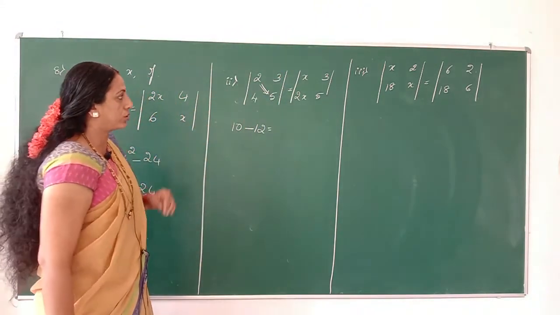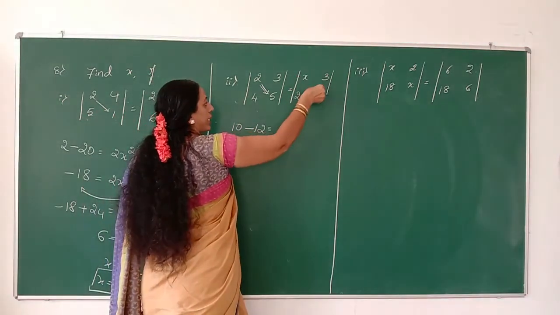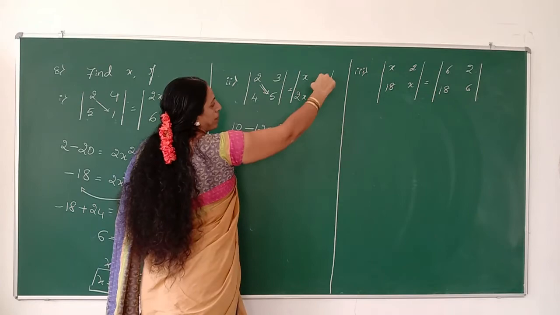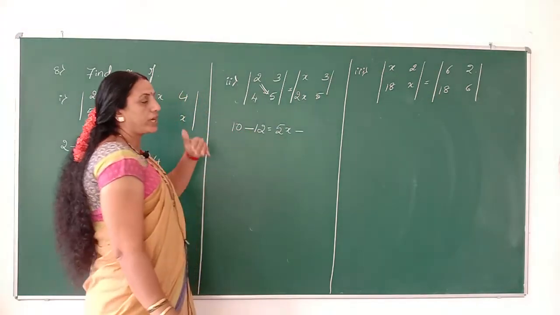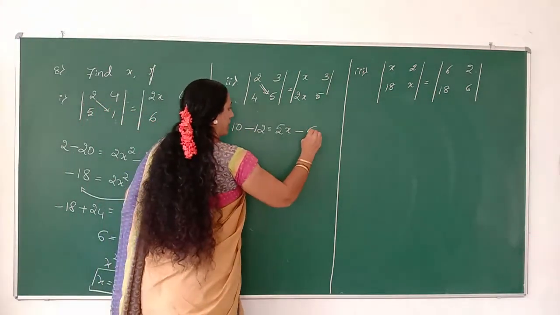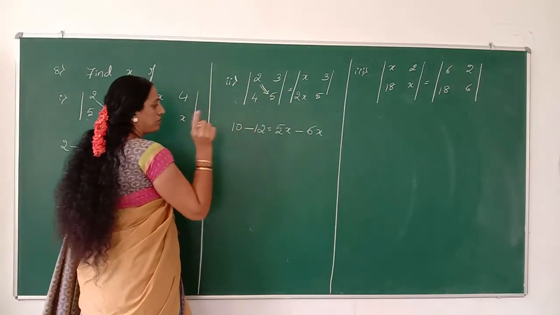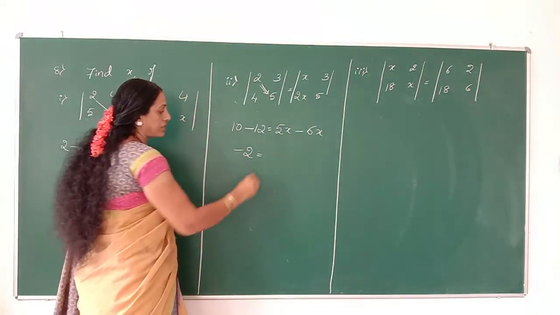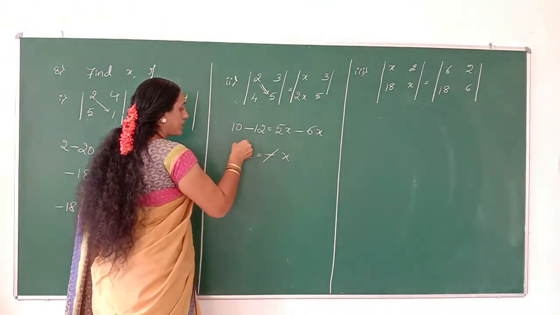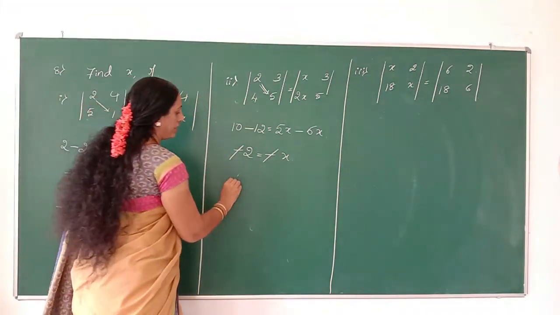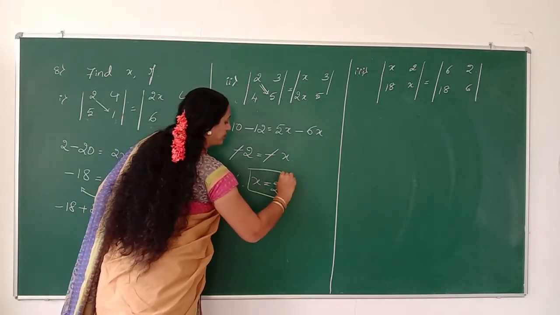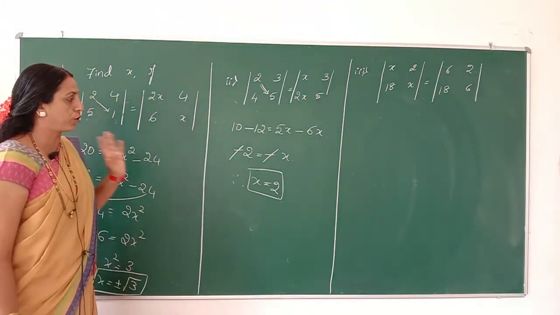It will be equal to the product of the left diagonal x into 5 is 5x, minus the product of the right diagonal 2x into 3 is 6x. 10 minus 12 is minus 2. 5x minus 6x is minus x. These minus signs get cancelled. Therefore, the value of x is equal to 2. That is another problem.